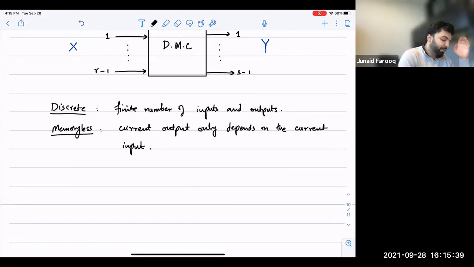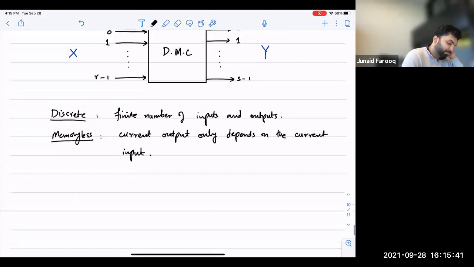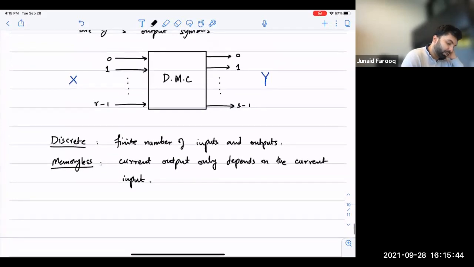Okay, so there's no memory in the channel. Whatever you input at the current instant only affects the current output. There is no memory looking back at the previous inputs.